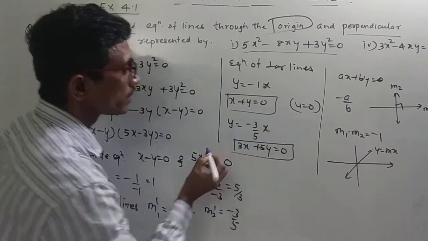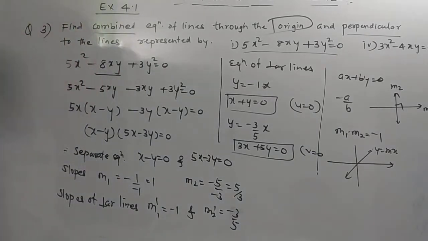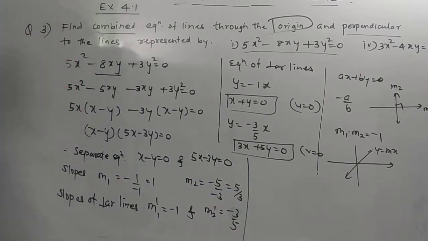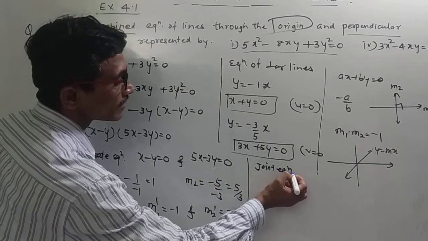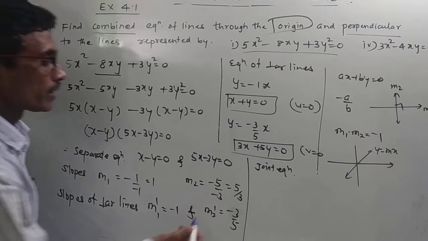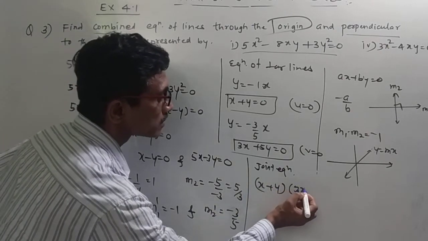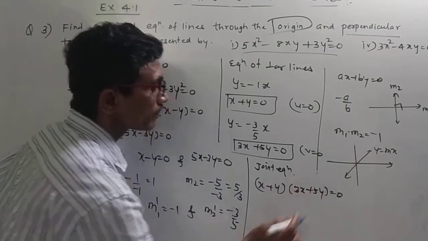This is the second line, v is equal to 0 suppose, and their joint equation. So therefore its joint equation will be x plus y into 3x plus 5y is equal to 0. This is the joint equation.